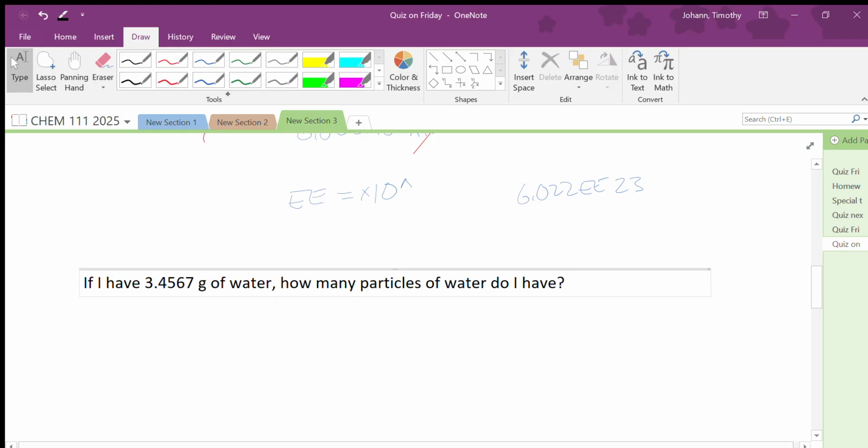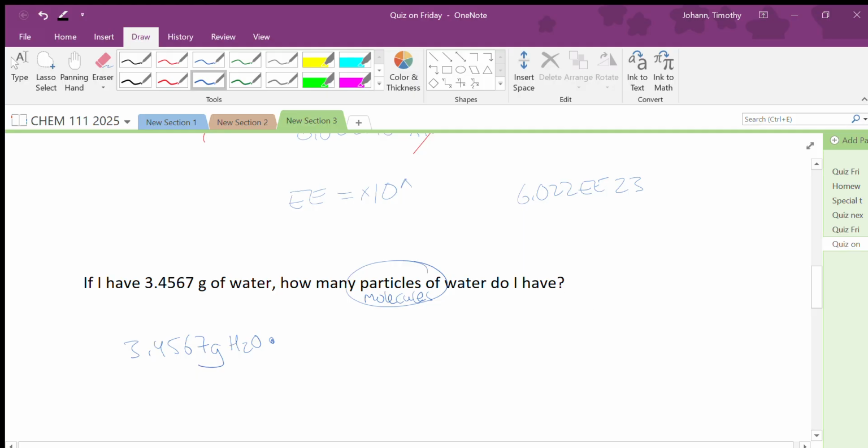I've got 3.4567 grams of water. I'm going to go ahead and put the water in, because eventually we're going to be converting between different compounds. Now I need to get to particles. Molecules is our particle. I should have said molecules.